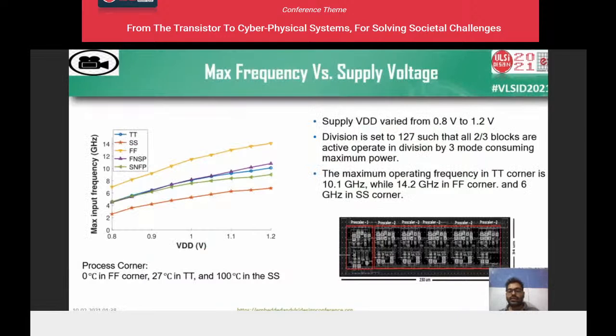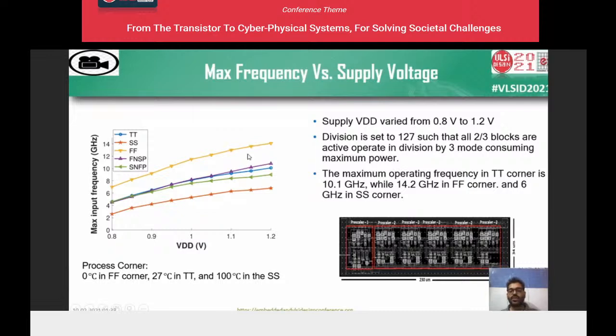So these 2/3 prescalers we embedded into the MMD architecture, and we did a post layout simulation at different worst case corners. What we observed is that when we vary the VDD from 0.8 to 1.2, we calculate the maximum frequency at which the proposed MMD will operate satisfactorily.